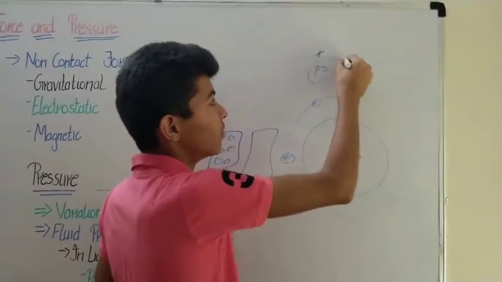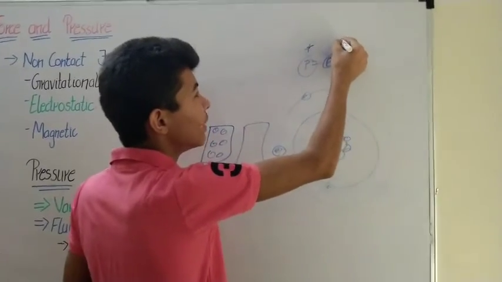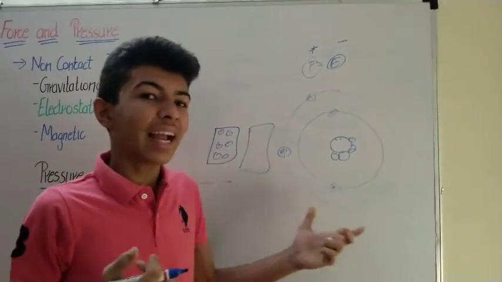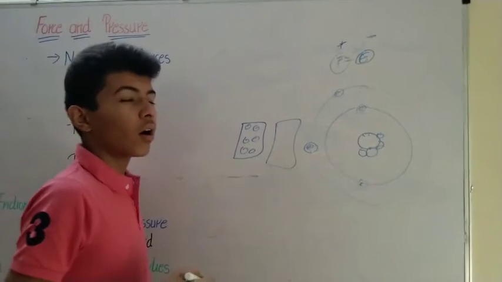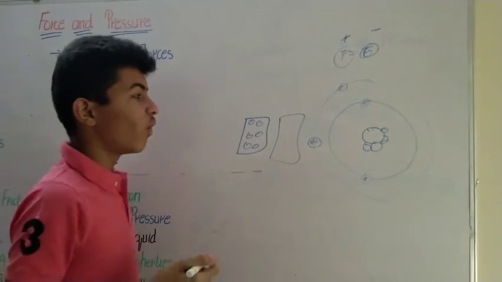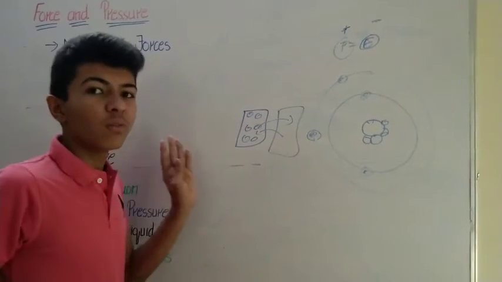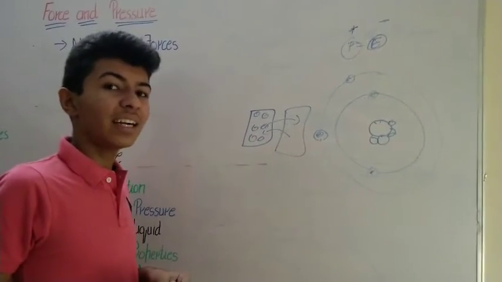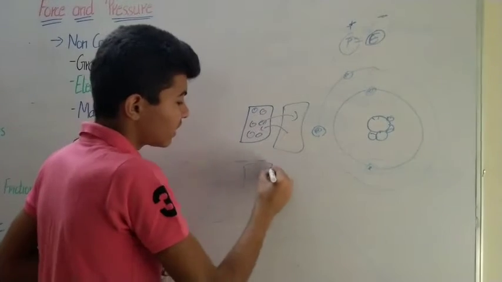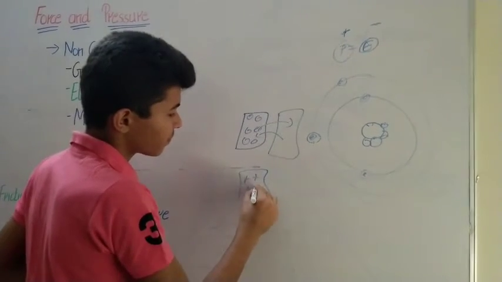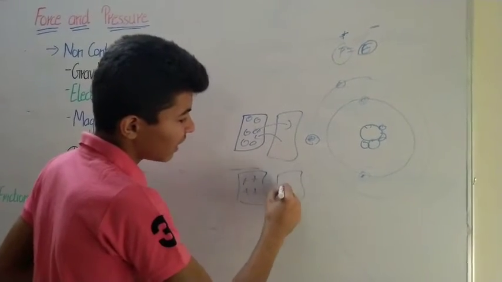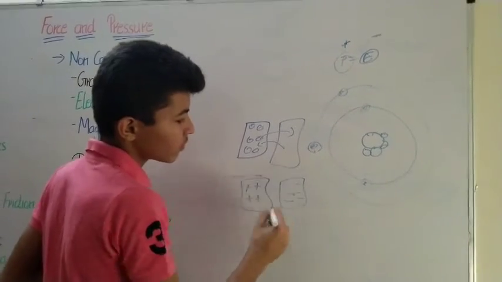And the more negative charges, the atom becomes negative. So due to rubbing, or by bringing another charged body, electrons shift from one surface to another. This creates a positive charge on one object and a negative charge on the other surface.